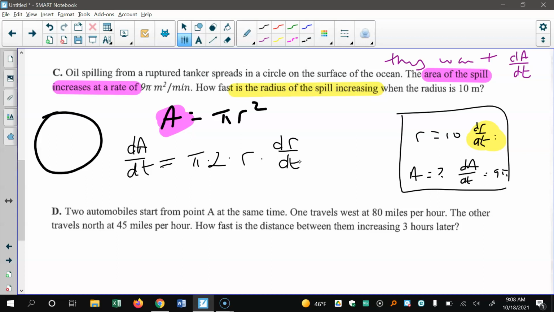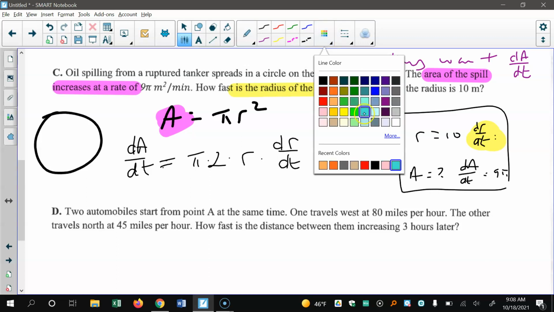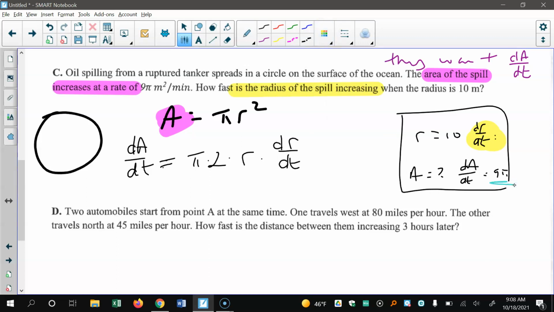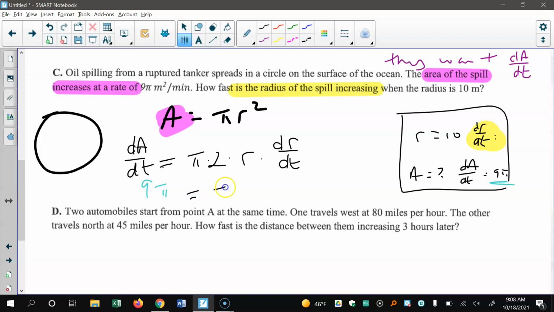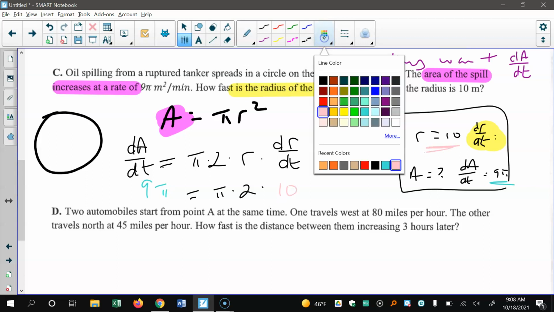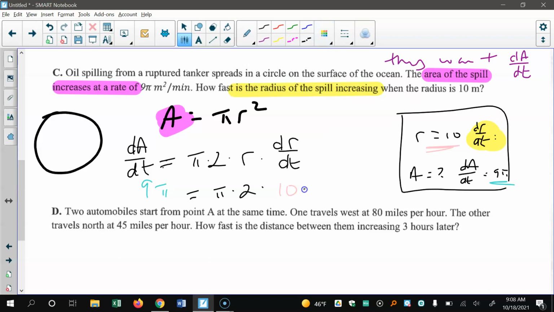I'm going to plug in values that I have. dA/dt was equal to 9 pi, so let's plug in 9 pi in here. So I got 9 pi equals pi times 2 times r, and r is 10, so times 10 times dR/dt, and that's what I'm trying to solve for.